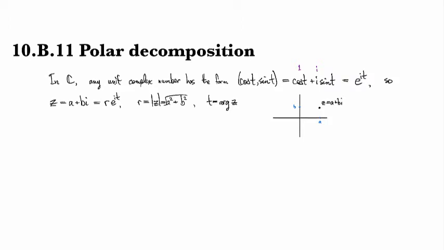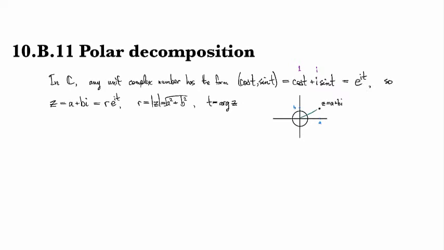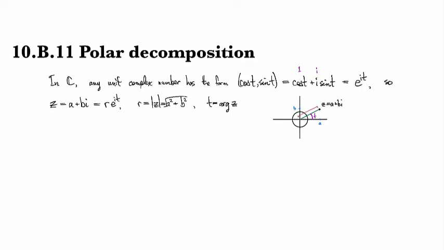Then we also have, taking the unit circle right here, a line out to it like this. So for polar coordinates here, this angle right here is t, and this length right here is r.